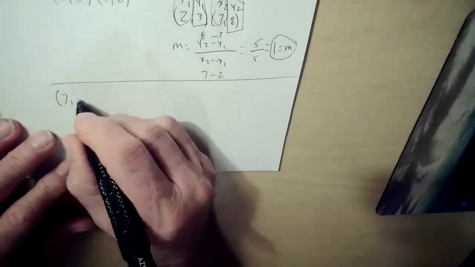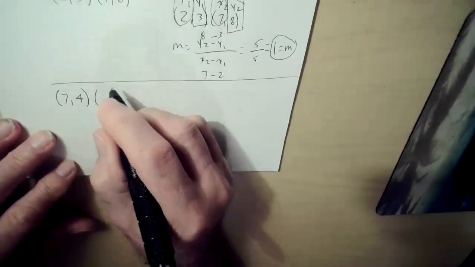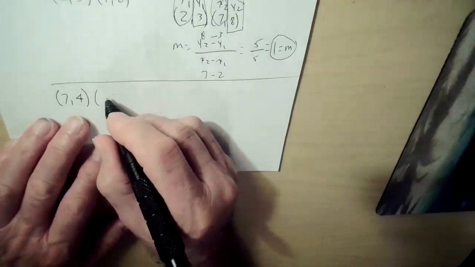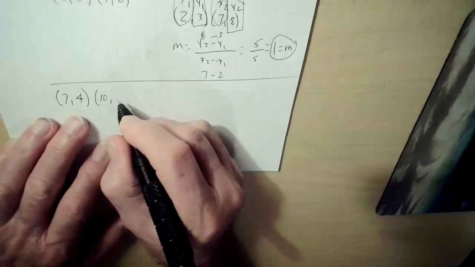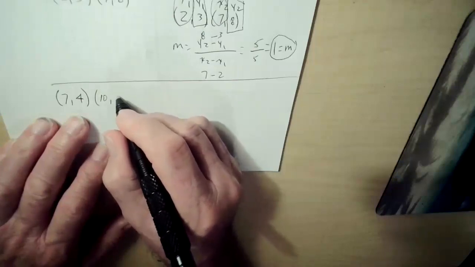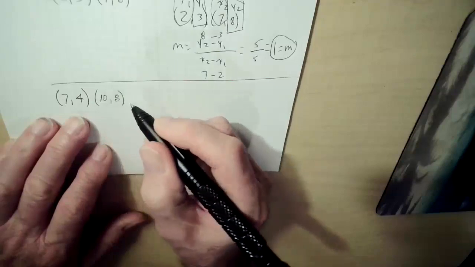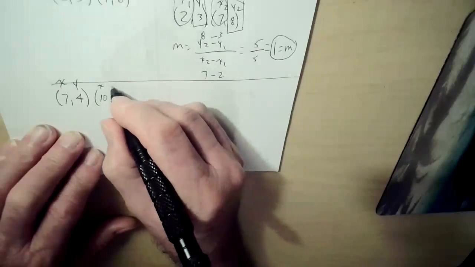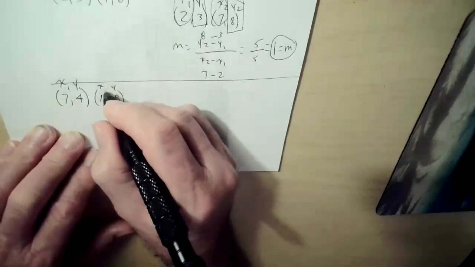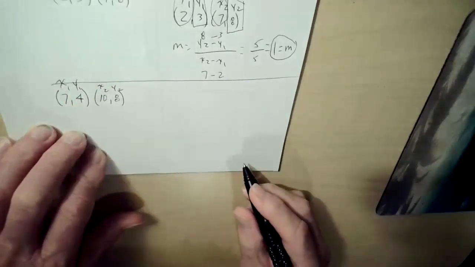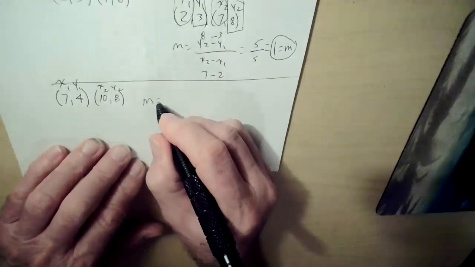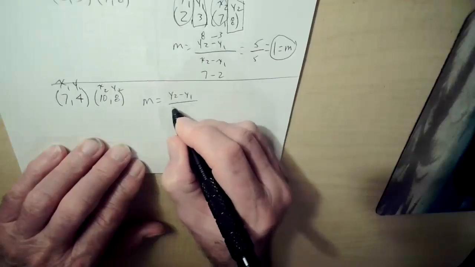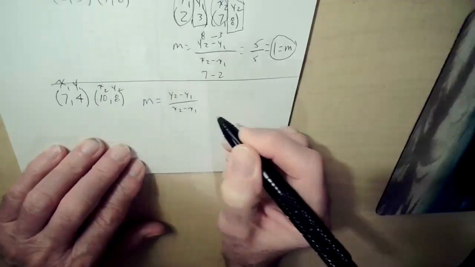Okay, let me do another one. These are so much fun. We have 7, 4, and 10 comma 8. X, Y, X, Y, x1, y1, x2, y2.